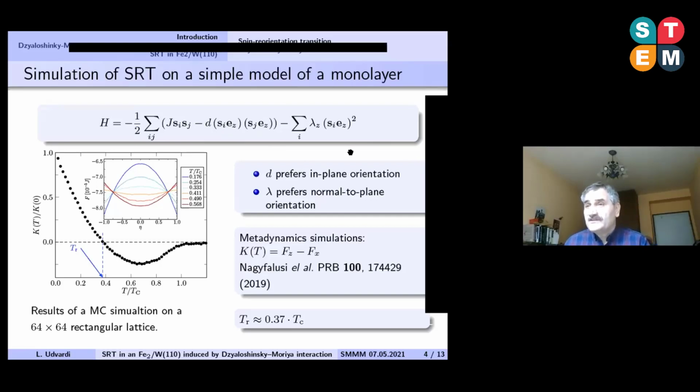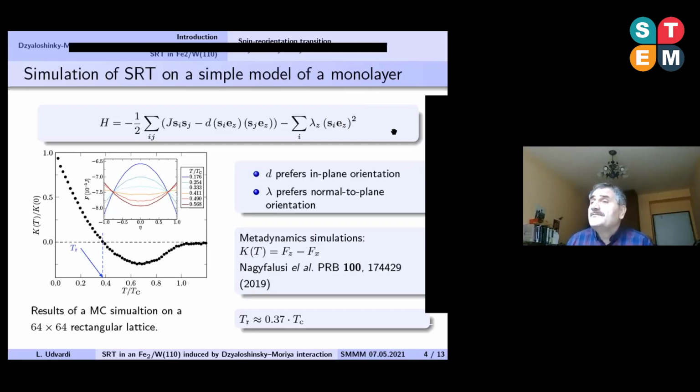In our case, this prefers the in-plane orientation. And we have an on-site uniaxial anisotropy, which prefers the normal to plane orientation.